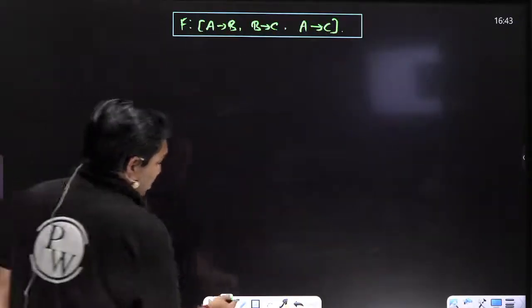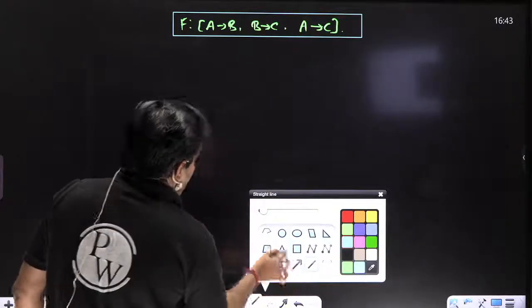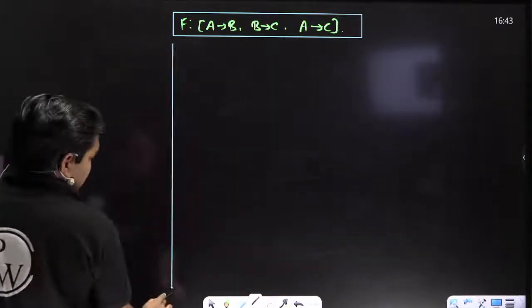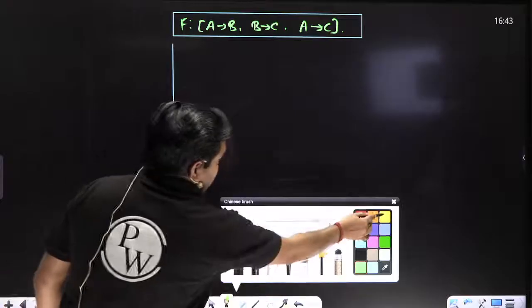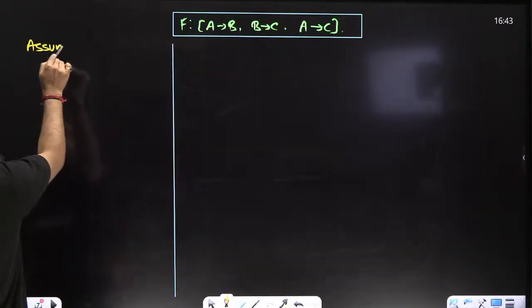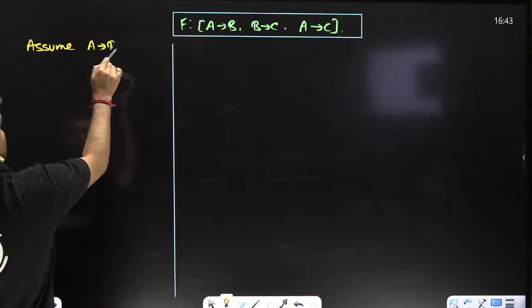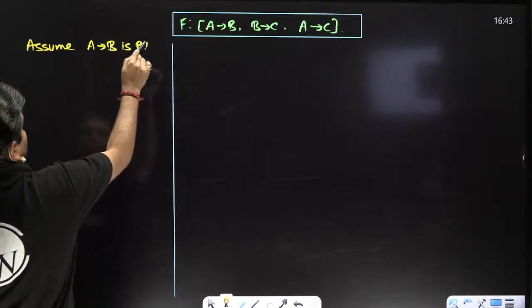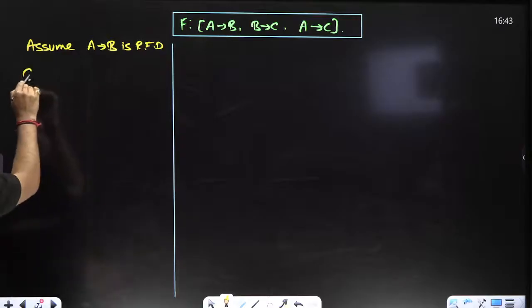For example, I don't know which one is redundant FD here. Really, I don't know. So what I assume, this is the FD set. Assume A tends to B is a redundant FD. So what is the new FD set G?